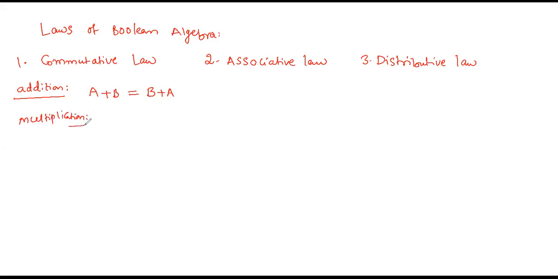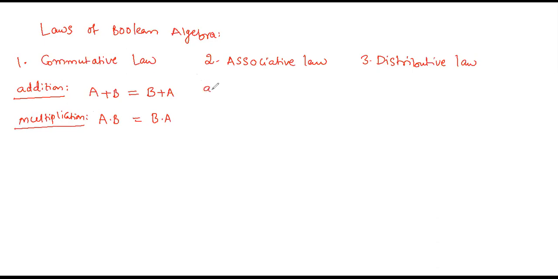This is also same. Multiplying the variables, order does not decide the result. The result will be same. If you multiply A with B or B with A, the result is same. This is commutative law.